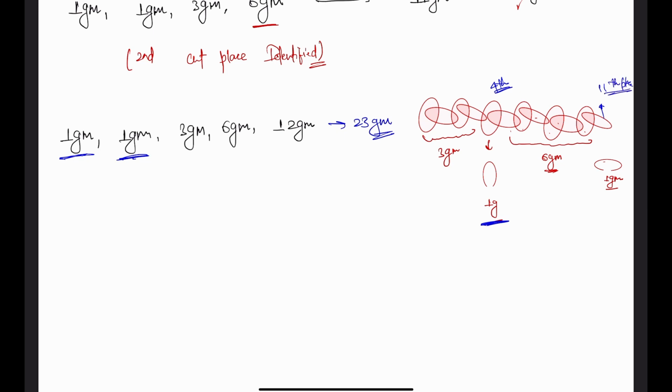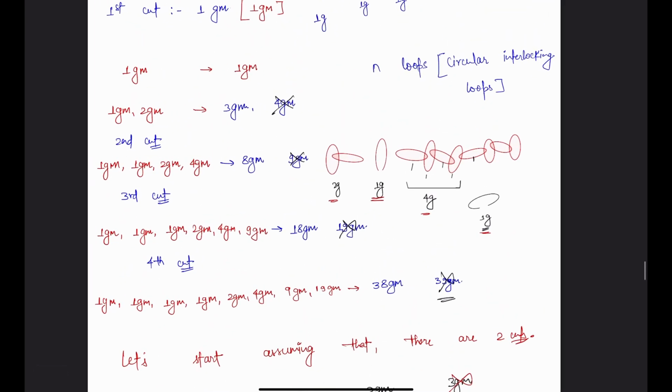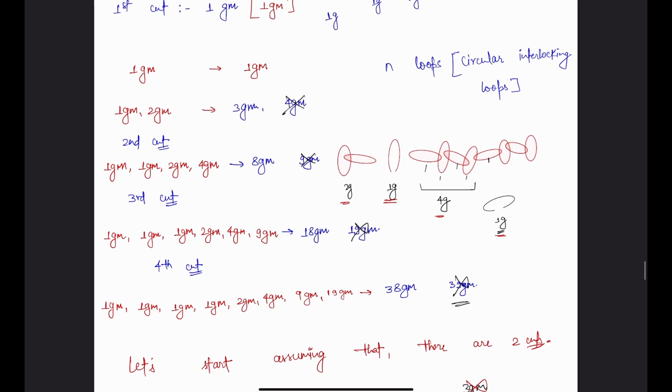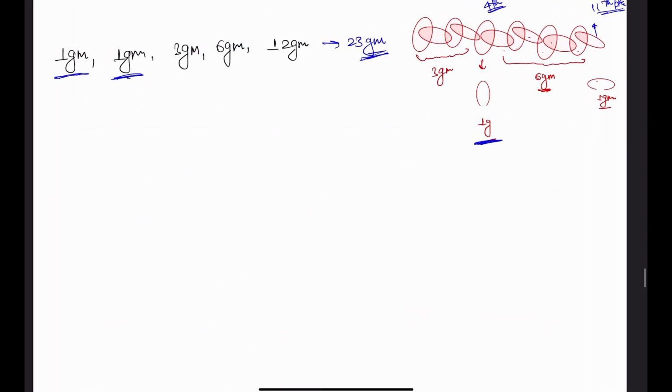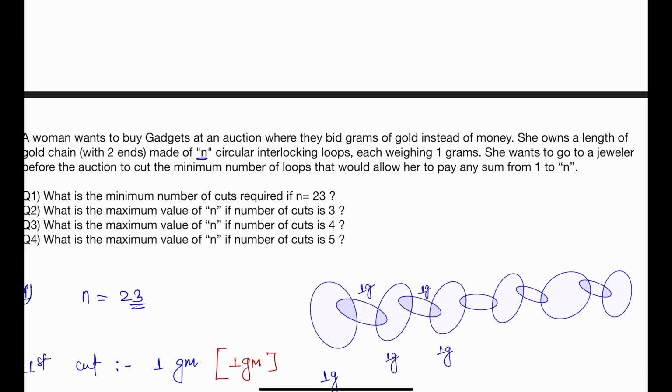So we just need to do only 2 cuts, and that's how we can measure a total of 23 gram. But if we do it one by one without considering this, we need to do first cut, second cut, third cut, fourth cut, which is neither optimum nor minimum. So the answer to the first question will be 2 cuts.